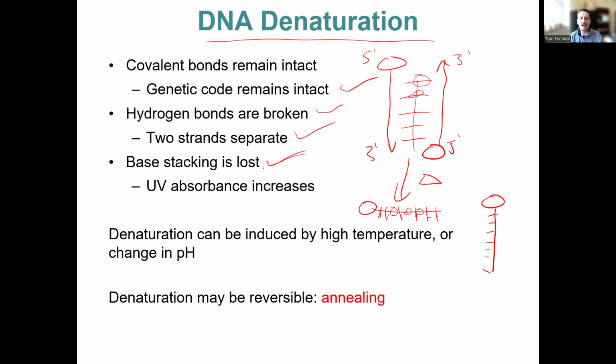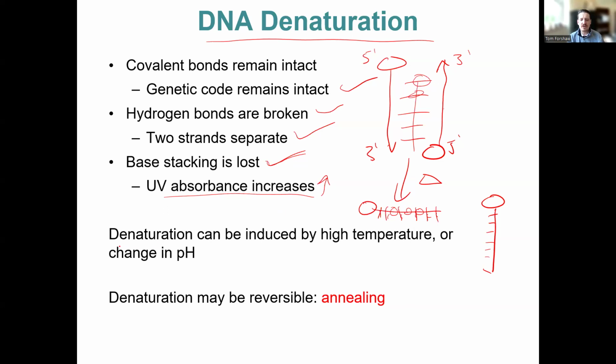And because that's lost, you have more bases exposed, and so the UV absorbance will increase. Remember, way back, I talked about how the base absorbs UV radiation, and that's how we measure DNA concentration in the lab. So you can break apart the strands, but the code still remains intact.